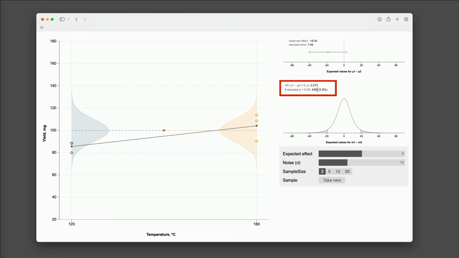So in 4 out of the 68 runs, I made a decision that I have a significant or reproducible effect, but this decision was wrong because we know that there is no effect at all, okay? In this case, the percent of wrongly rejected null hypotheses was approximately 6. But if I keep going, it will be 5%, because this is exactly what the confidence level means, right? A 95% confidence level means that we have a 5% chance to reject a correct null hypothesis, right?